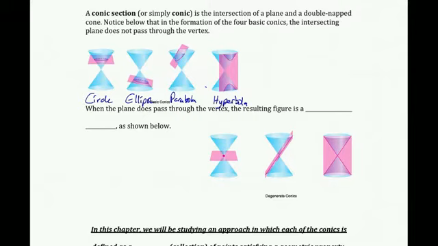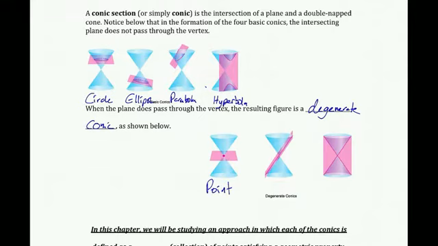Now, when a plane does pass through the vertex, we call the resulting figure a degenerate conic. I've got three examples down here. In this one, if the plane crosses exactly through the vertex and nothing else, it just forms a single point.